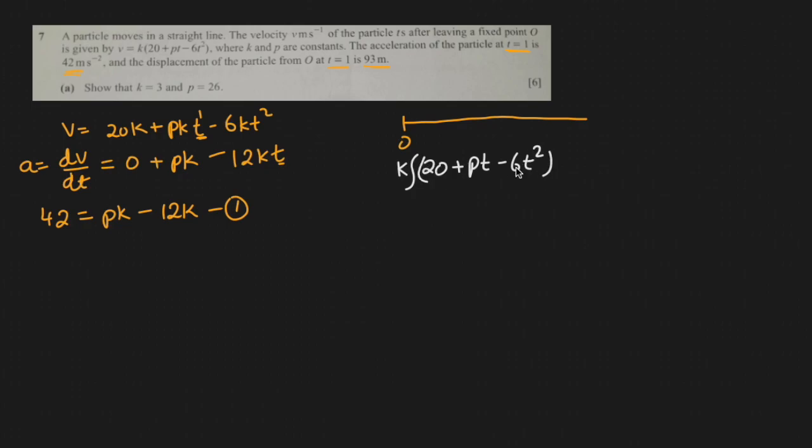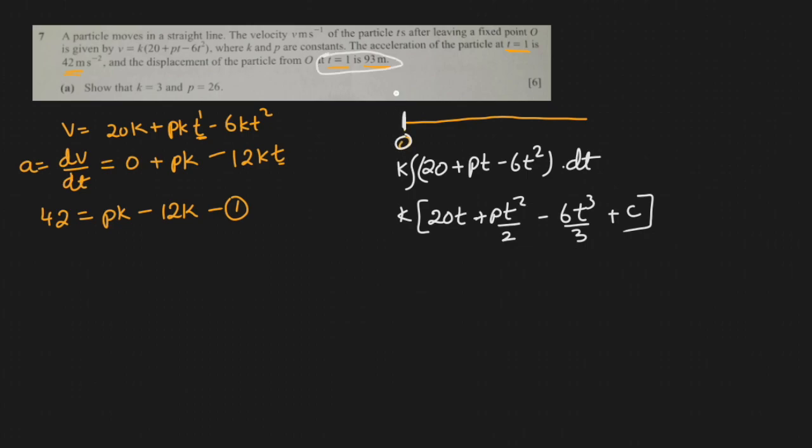We have to integrate this, so it will be 20t plus pt square over 2 minus 6t cube over 3 plus c.